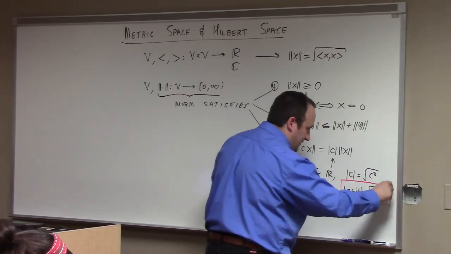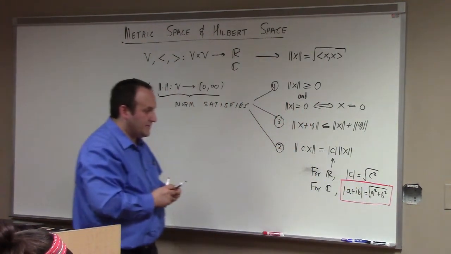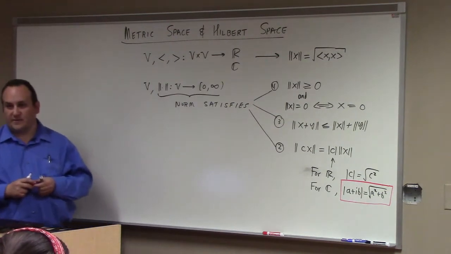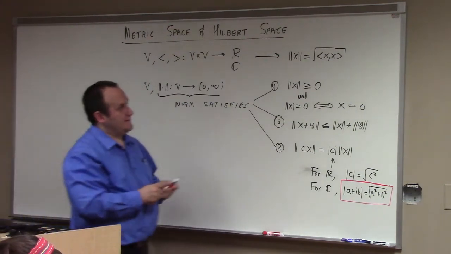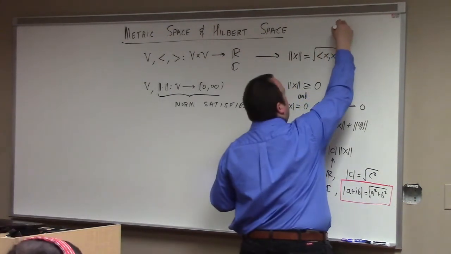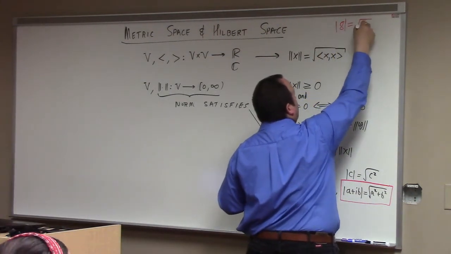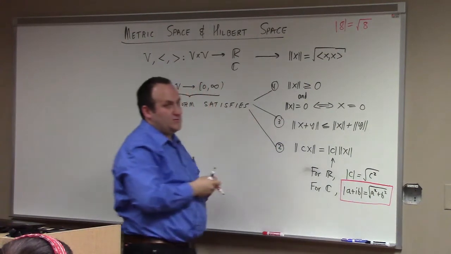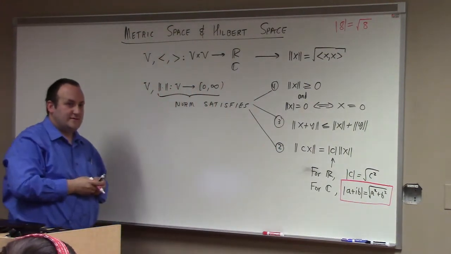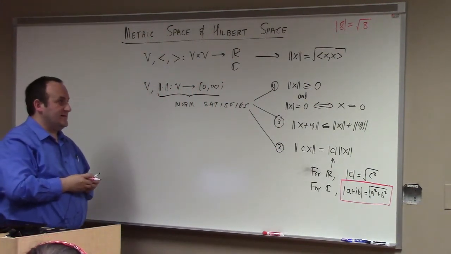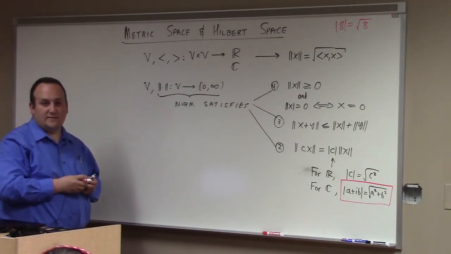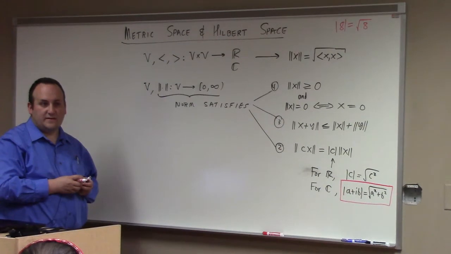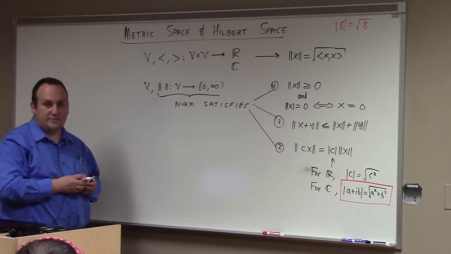A lot of you do not have clear in your mind that the modulus of a complex number is the square root of a squared plus b squared, right? Because more than one of you on the test told me that the modulus of 8 is the square root of 8. Es no bueno. This is not true. The modulus of 8 is just 8, because the modulus of a complex number is just the length of the complex number in the usual Euclidean sense of length.